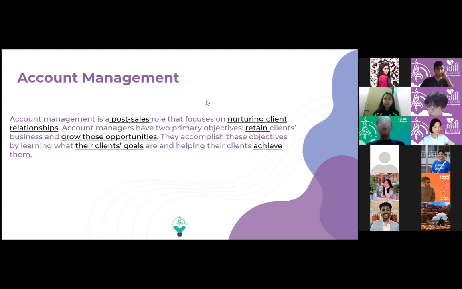It is more of a relational thing, and it requires a lot of communication and nurturing of the client, and it actually ensures that the experience of the client is the best possible. So this is account management.